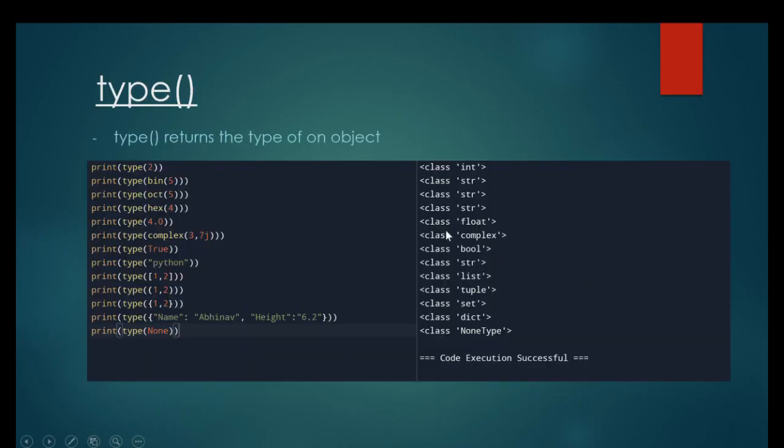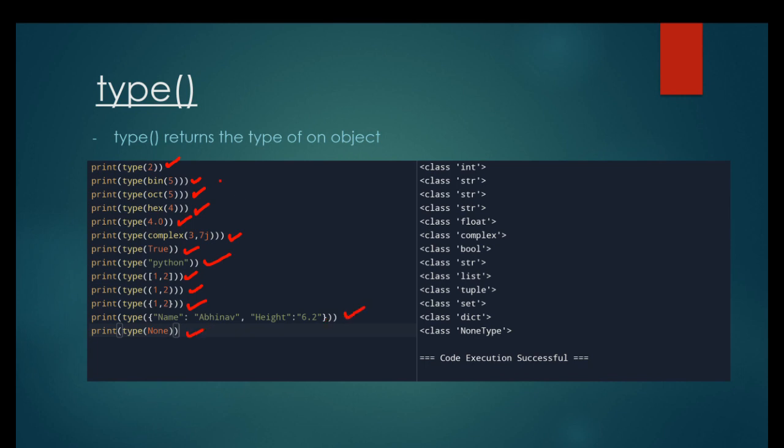The next function is type. It basically returns the type of an object, or the data type of the variable. Here in this screenshot, I have taken every data type of Python. So this one is integer, this one is bin, oct, hex, then float, complex, boolean, string, list, tuple, set, dictionary, and the last one is none.